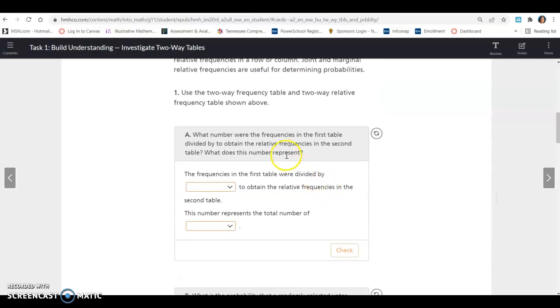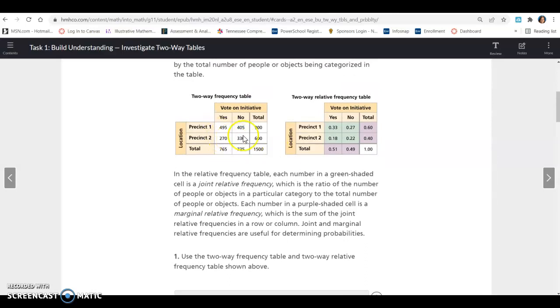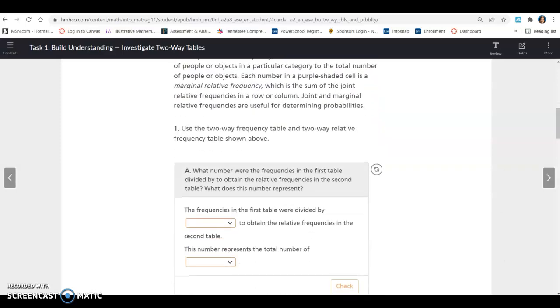All right, use the two-way frequency table and two-way relative frequency table shown above. Which number were the frequencies in the first table divided by to obtain the relative frequencies in the second table? What does this number represent? All right, so you can see here we've got the number of participants, and this is a total of 1,500.